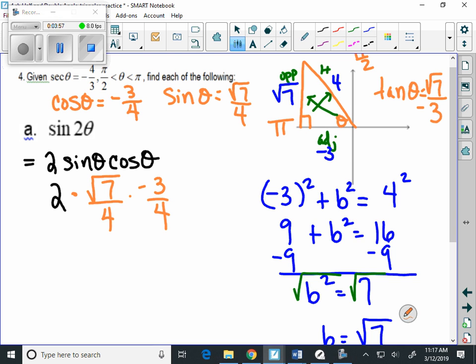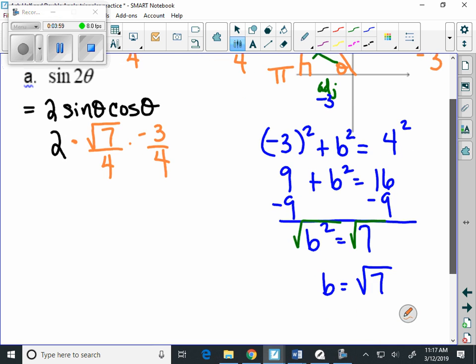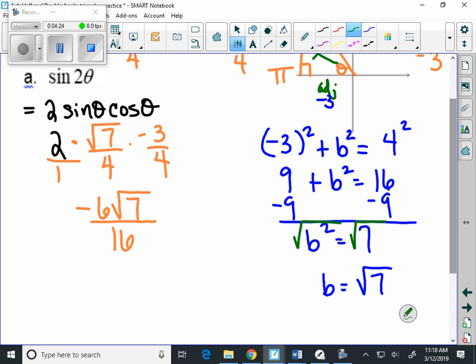Again, a reminder with respect to the fractions here: we multiply the tops together, the numerators, and the bottoms together, the denominators. I don't think that your calculator is going to help that much in this one. But 2 times negative 3 is negative 6, square root of 7. 4 times 4 is 16. And once we do that, we can do one more thing.